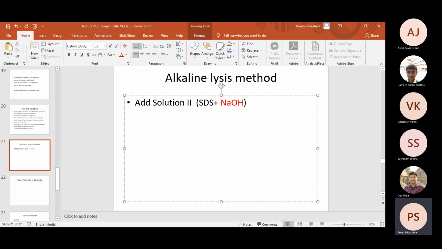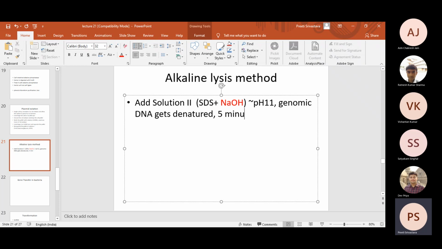Sodium hydroxide has a very alkaline pH of around 11. At this alkaline pH, the genomic DNA gets denatured, and genomic DNA is very large in size.